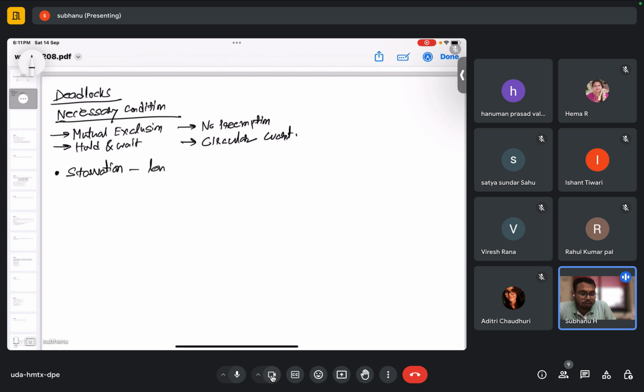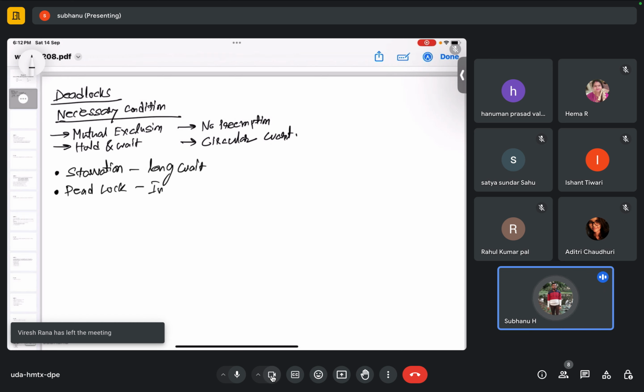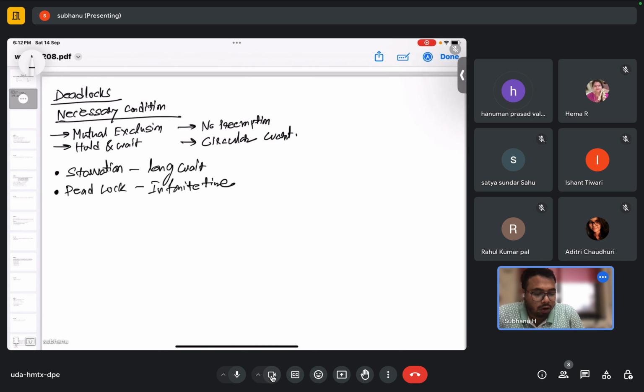Starvation means a long wait, and deadlock is different: you can wait for a long time, that is called starvation, but if you wait for infinite time, then it is called a deadlock. So this is the scenario.